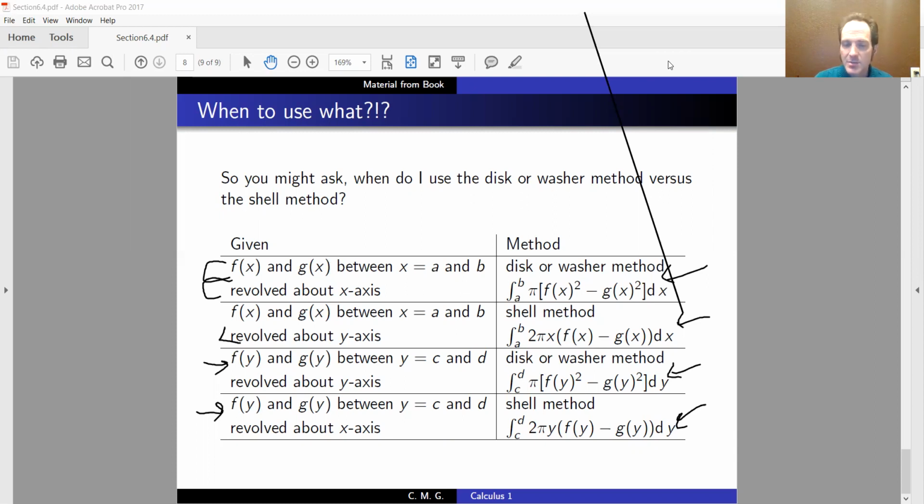Or maybe I need to change everything in terms of y and use the shell method, and then go from there. So it is possible that you'll have a situation where you need to use one or the other to make the integration work out. In particular, this sine of x squared was not going to work with a disk or washer method. It had to be done with the shell method with respect to x. Okay, cool.